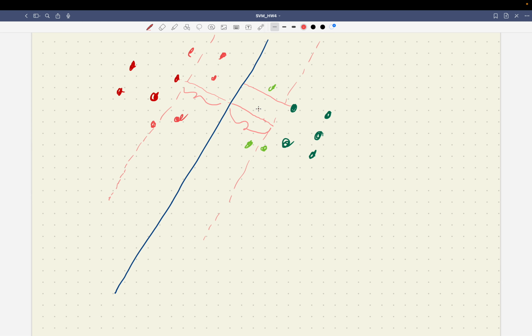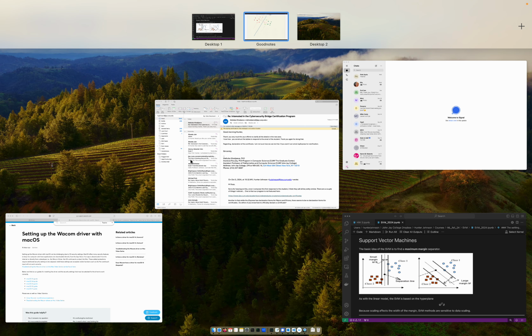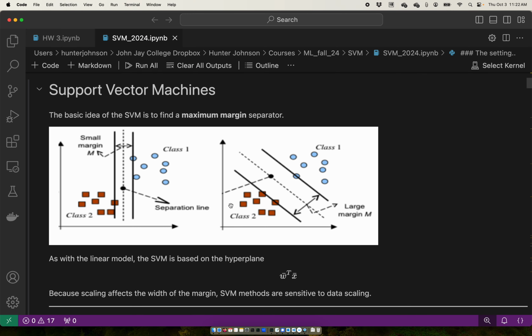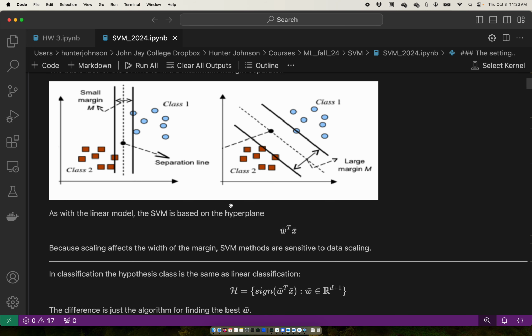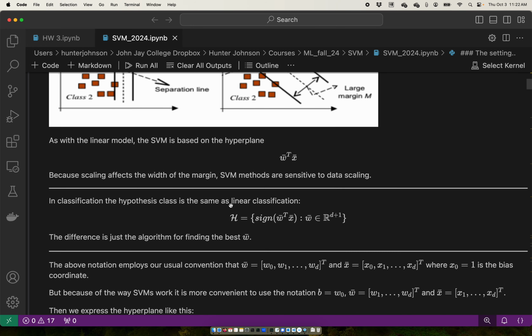Sometimes that's true and sometimes that's not. But this is the learning bias of the support vector machine, and in practice it works well. So what the support vector machine does is it finds the maximum margin linear separator. Let's go back to the notebook, which is saying something similar.